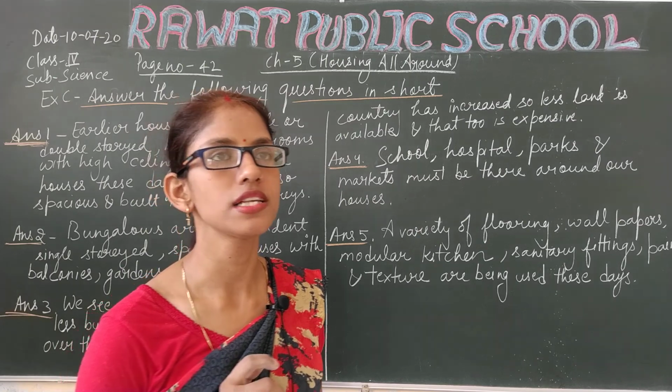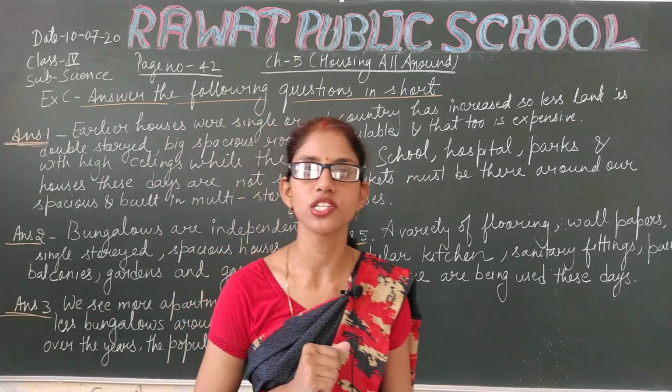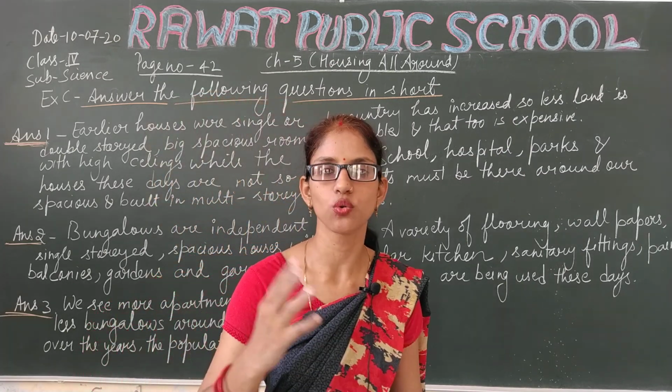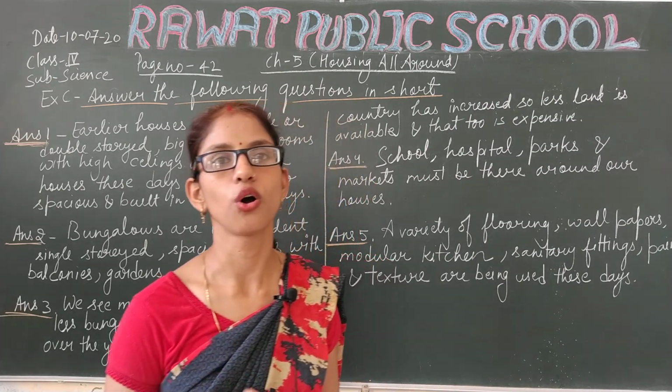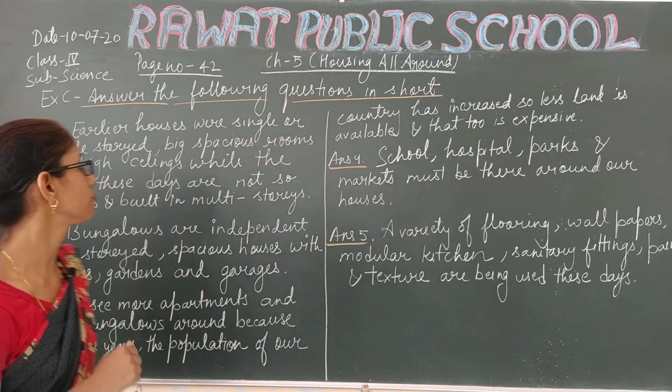But nowadays as the population is increasing but the land is as much only, a large number of houses are needed. So multi-storied houses are built nowadays and they are not so spacious as found in earlier times. So let's see the answer of this question 1.